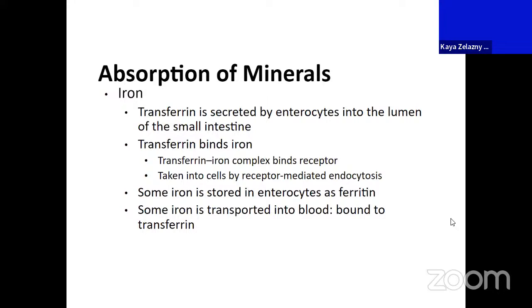Right. Iron is a mineral that we talked about when we talked about the life cycle of erythrocytes and the composition of hemoglobin. So one of the places we're getting iron is dietary iron, right? The other place was basically we were kind of recycling iron from old red blood cells.